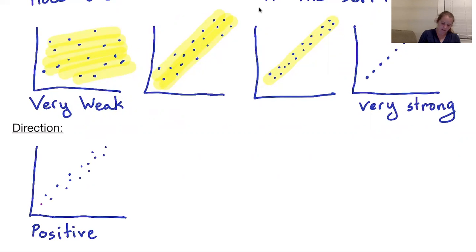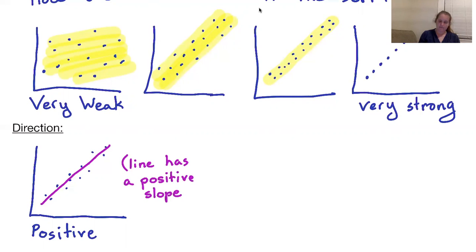So the line in the background has a positive slope. And basically small horizontal coordinates are paired with small vertical coordinates, and large horizontal coordinates are paired with large vertical coordinates.